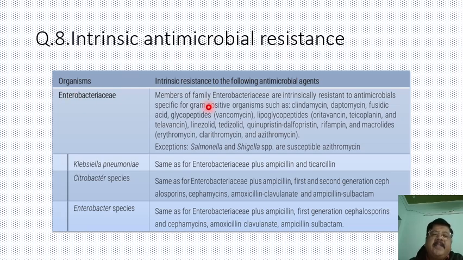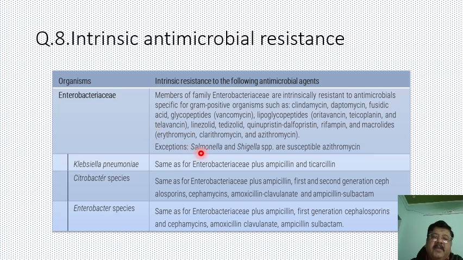Members of the family Enterobacteriaceae are intrinsically resistant to antimicrobials specific for gram-positive organisms such as clindamycin, daptomycin, fusidic acid, glycopeptides like vancomycin, lipoglycopeptides (oritavancin, teicoplanin, and telavancin), linezolid, tedizolid, quinupristin-dalfopristin, rifampin, and macrolides: erythromycin, clarithromycin, azithromycin. So the Enterobacteriaceae family is intrinsically resistant to these antibiotics.